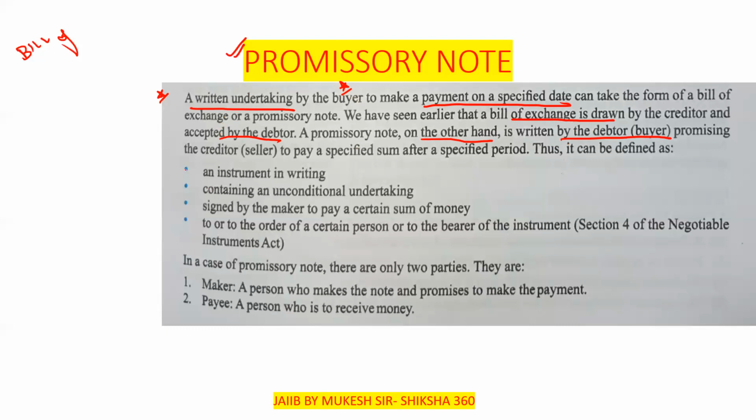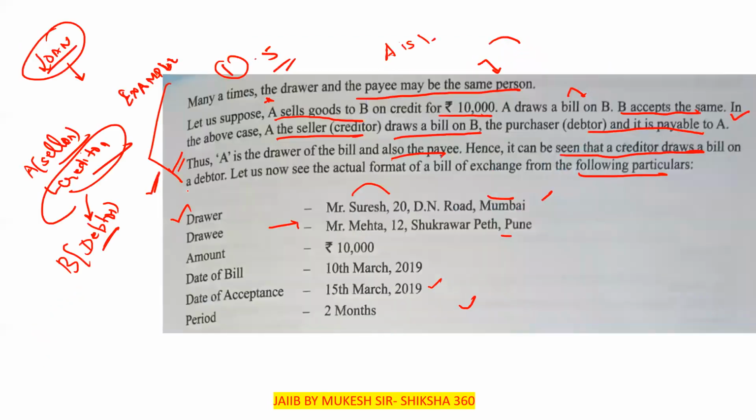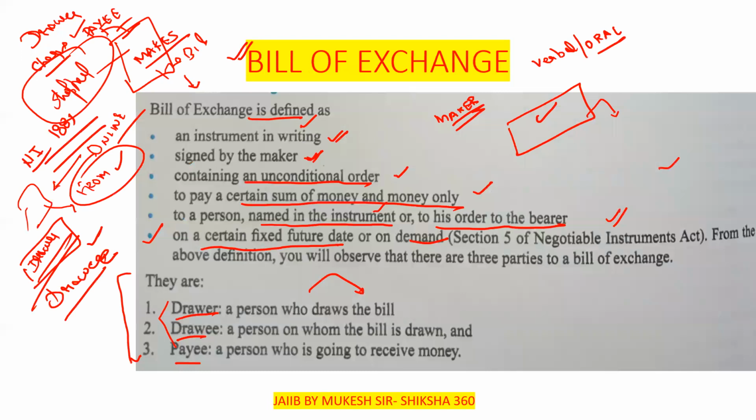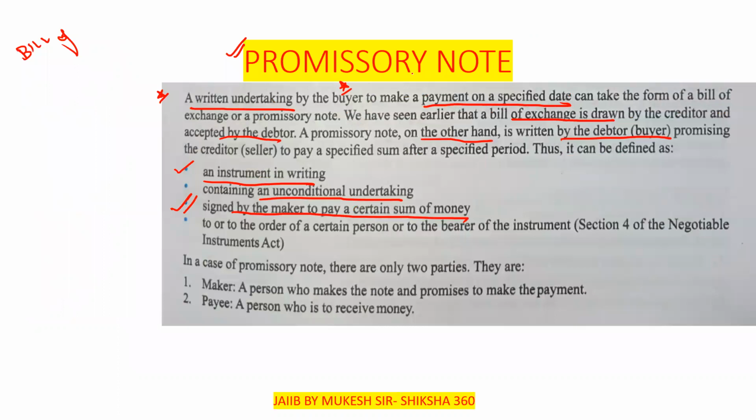So how can it be defined? It can be defined as an instrument in writing containing an unconditional undertaking, signed by the maker, to pay a certain sum of money. Here the order is drawn by the drawer, saying you have to give, and here it is signed by the maker, saying I have to give.